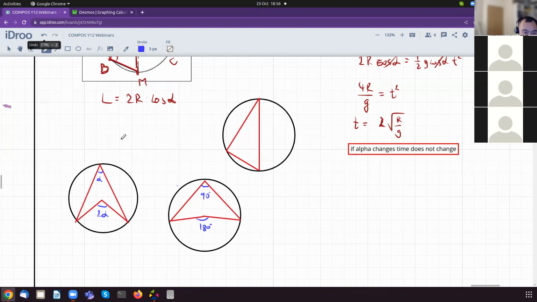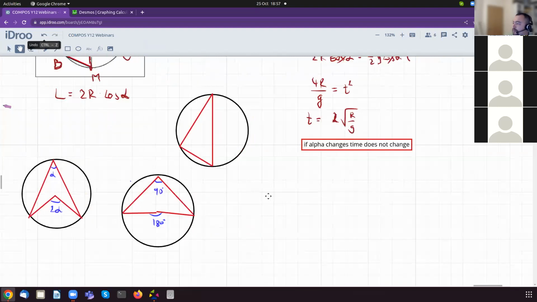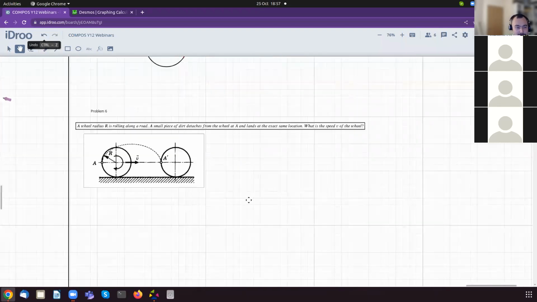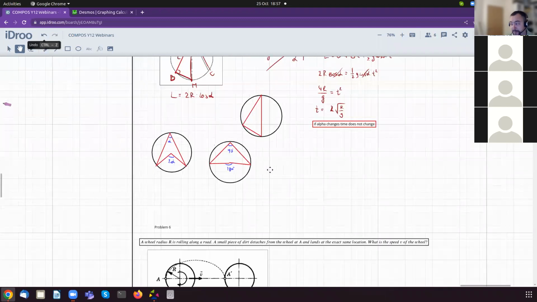And of course, 180 looks slightly different to that. So if this is a straight line, this is 90 degrees. This is GCSE stuff, so it doesn't matter which exam board you do. You should know this.